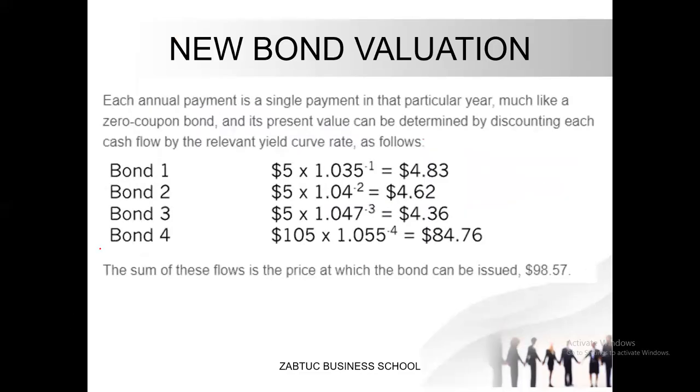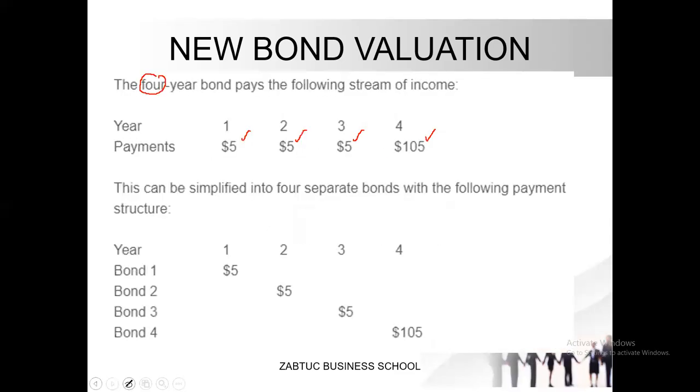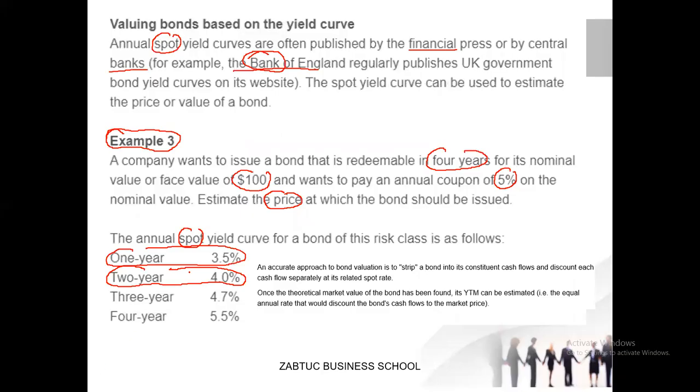Next, each annual payment is a single payment in that particular year, much like a zero coupon bond. Its present value can be determined by discounting each cash flow by the relevant yield curve rate as follows. Where are these coming from? The relevant yields are here: 3.5%, 4%, 4.7%, and 5.5%.